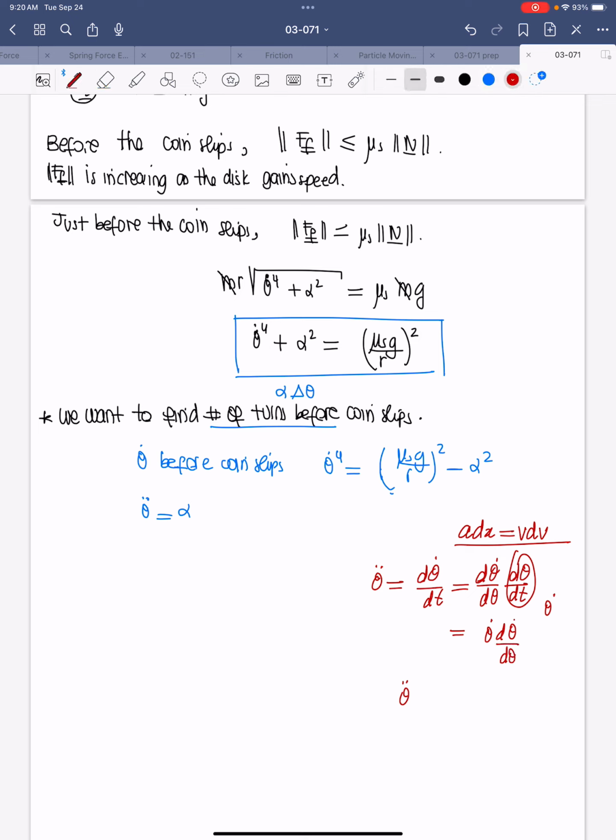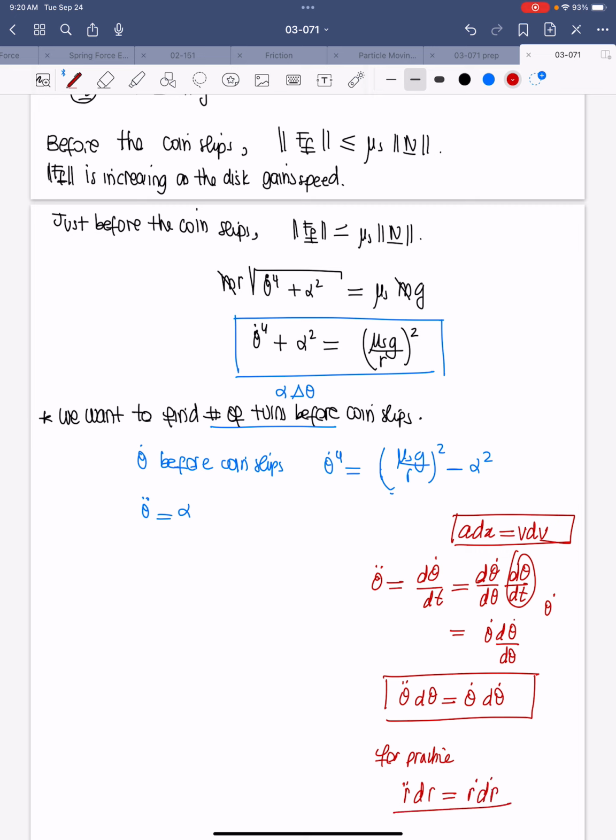Hence theta double dot d theta is equal to theta dot d theta dot, analogous to a dx is equal to v dv. And for practice, you can also show that r double dot dr is equal to r dot dr dot.